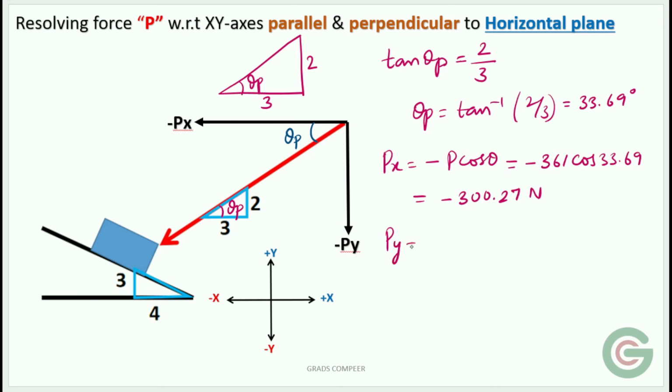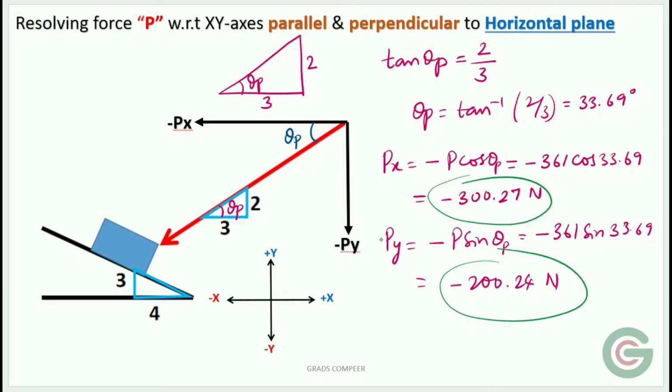Similarly, Py is equal to minus P sin theta P. This is equal to minus 361 sin 33.69. So again, this we'll get as minus 200.24 Newton.